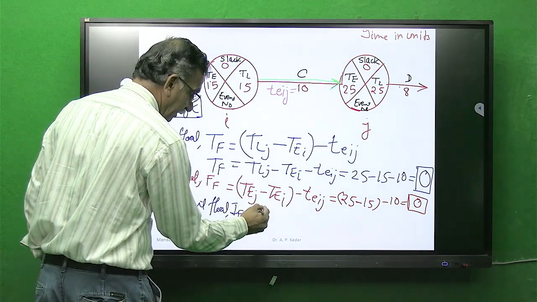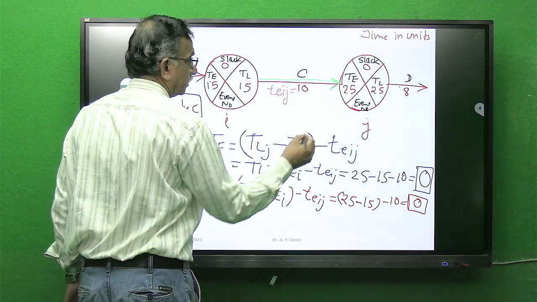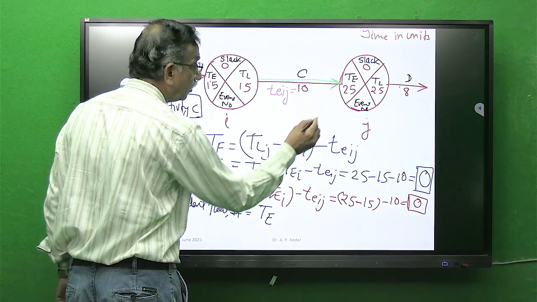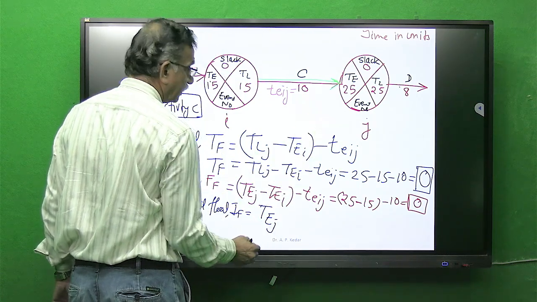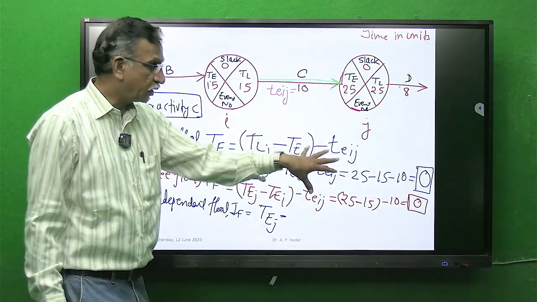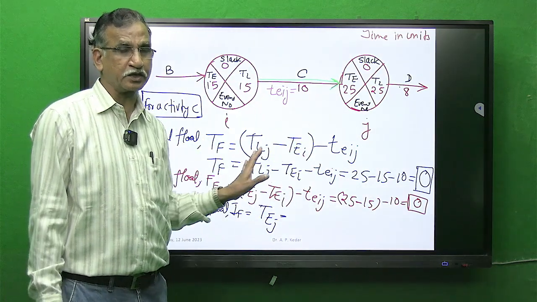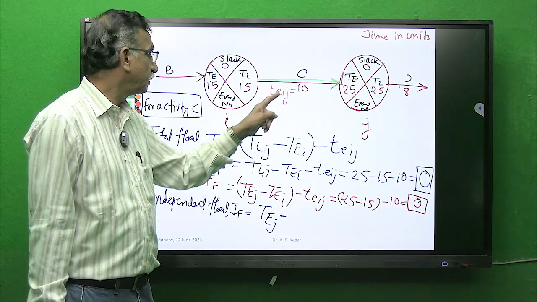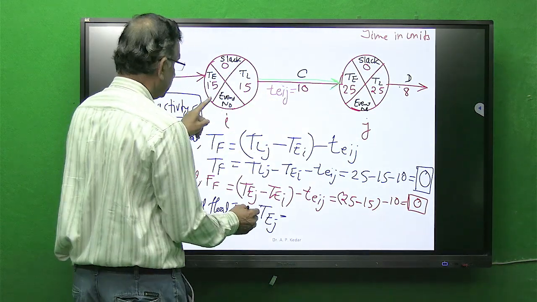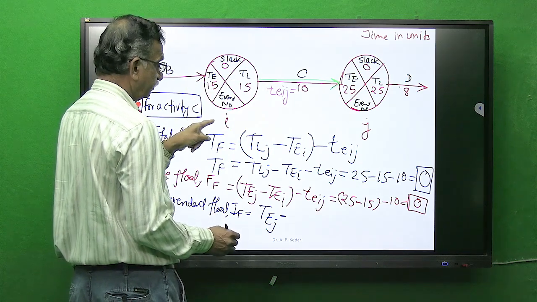So first we will write the gap is T E of J minus, this is the technical aspect, T E of J minus latest finish of predecessor.